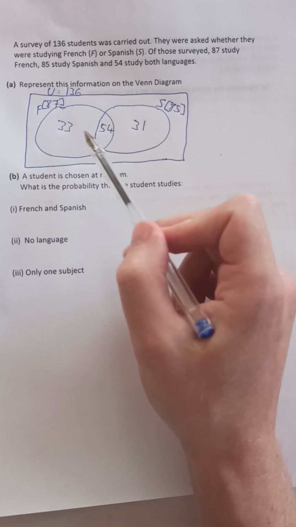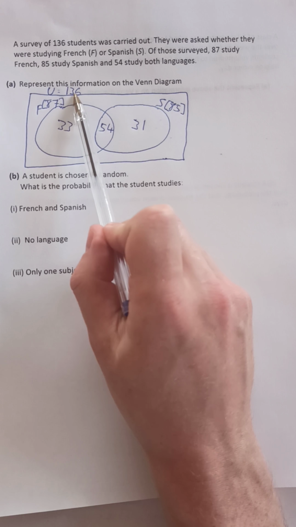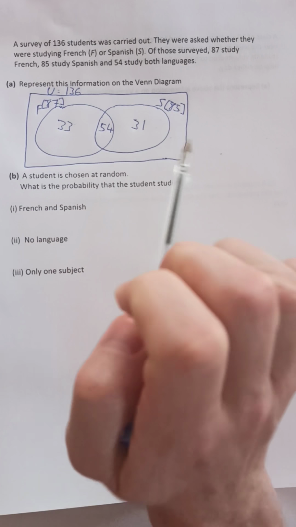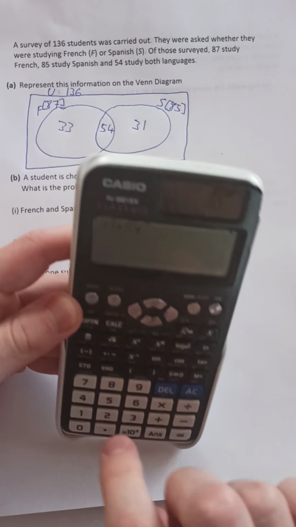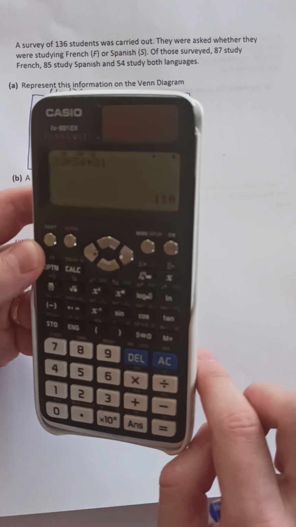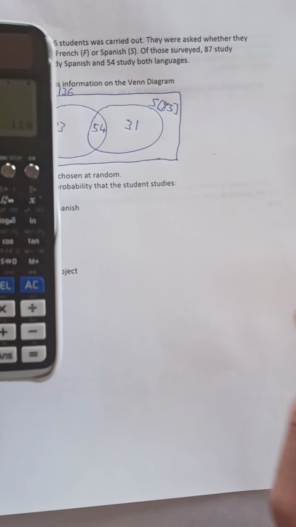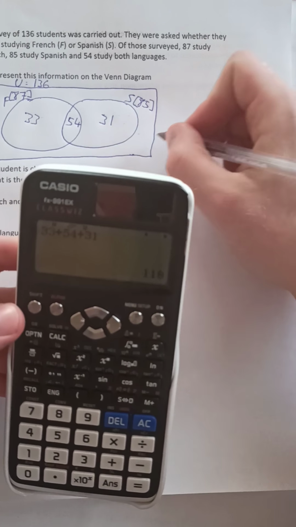So now that's these done, but the question is not finished yet. The total is 136, and if I add these up, I have 118. So what we need to do now is find out that missing bit here.